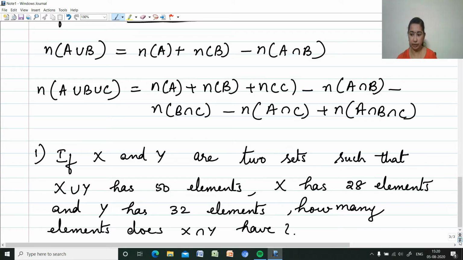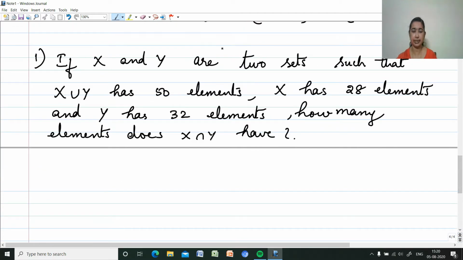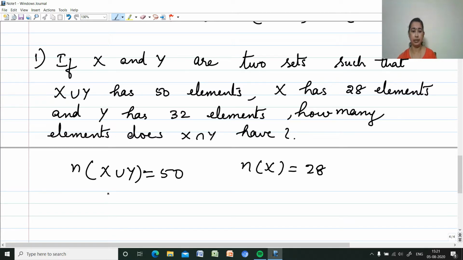Here, X and Y are two sets such that X union Y has 50 elements. So n of X union Y is equal to 50. X has 28 elements, so n of X is equal to 28, and Y has 32 elements, so n of Y is equal to 32.